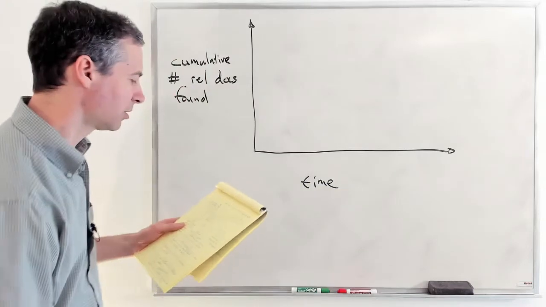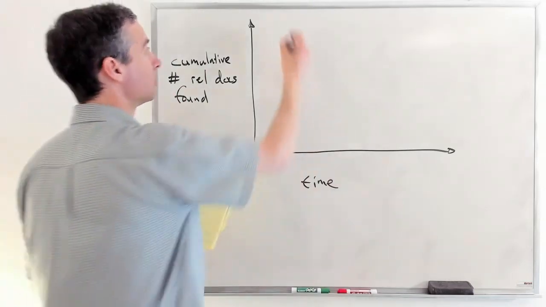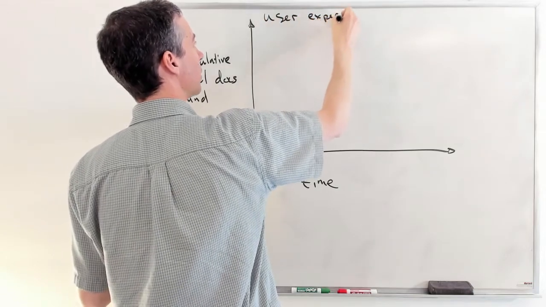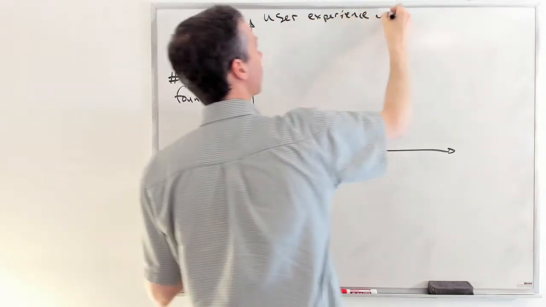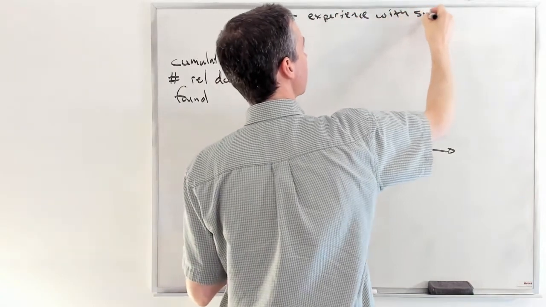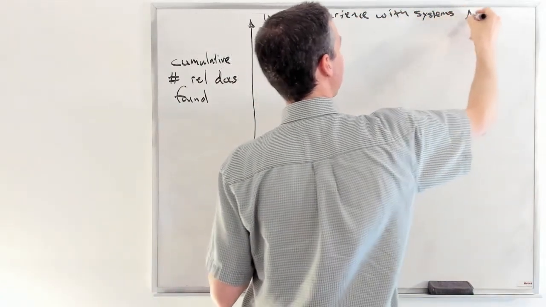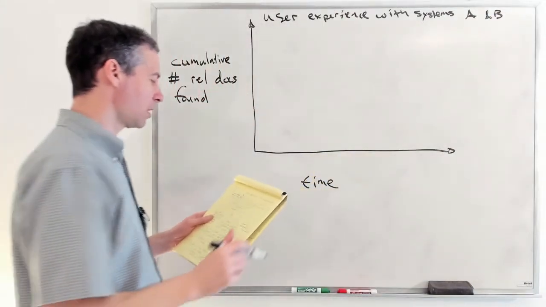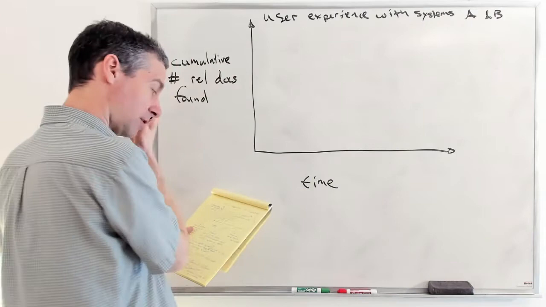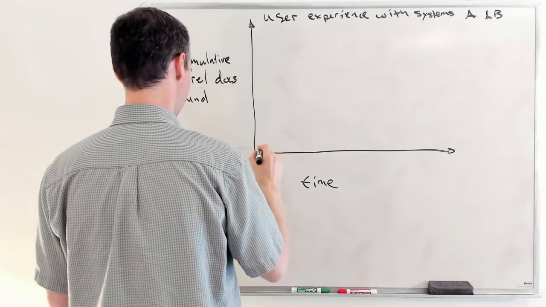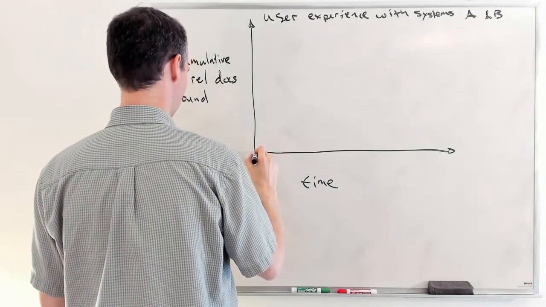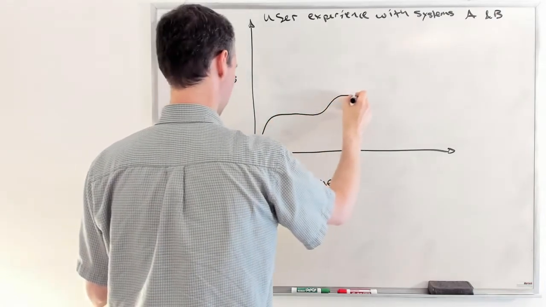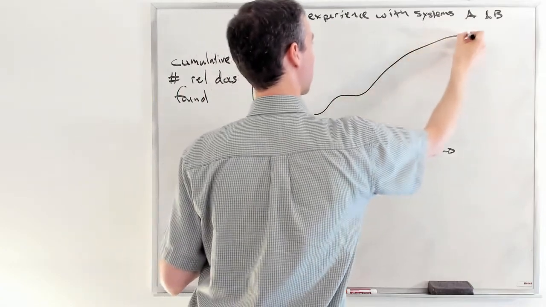And we could envision, again, we're going to compare, we've got a user experience, so to speak, with systems A and B. Now, let's do system A first. System A, we're going to have it look something like it goes up, levels out, you get another little bump, and then continues with an arc here.